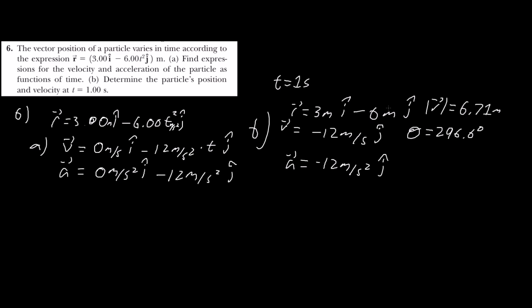I don't know if they want it in terms of that, so I'm just writing that. And for the velocity, the magnitude is 12 meters per second, and the angle is going to be 270 degrees if you want to write that down. I certainly do not. So if they're asking for the particle's position, I'm just going to write in terms of vectors. That's my final solution, because that's just the way I like to write these things.